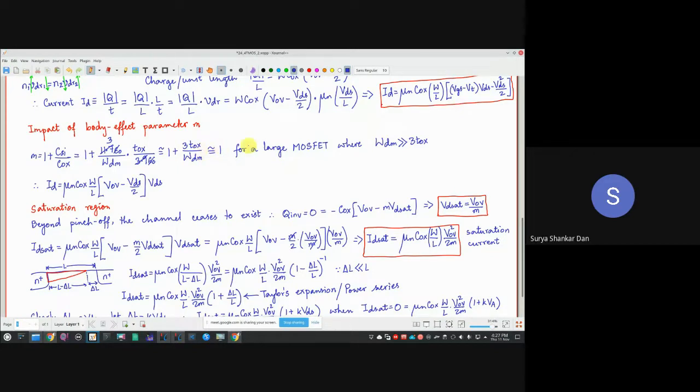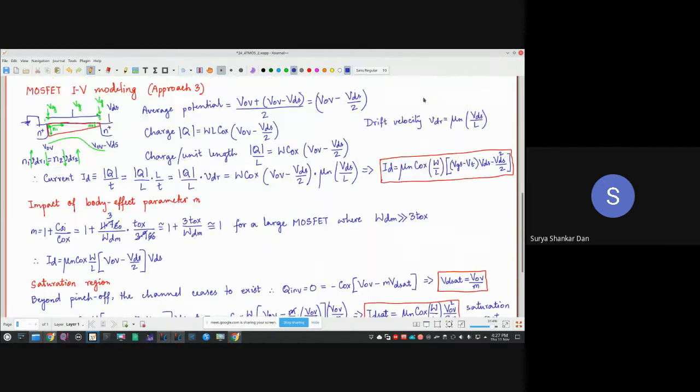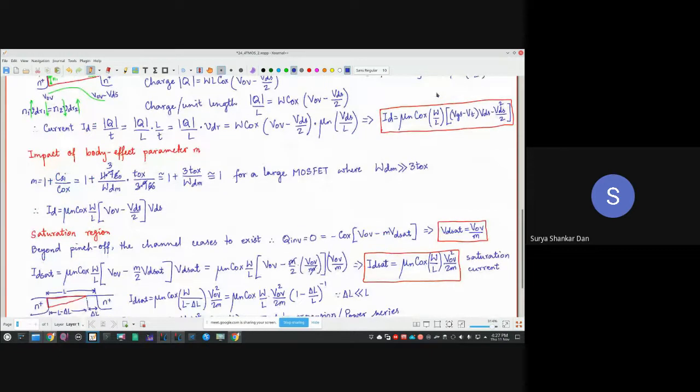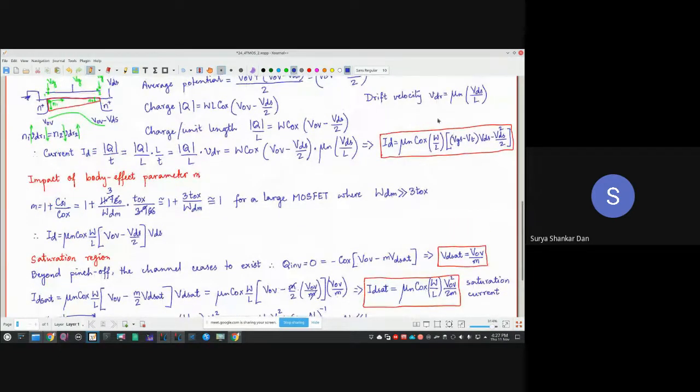Now, for a large MOSFET where WDM, the width of the depletion region, is larger than 3TOX, then we are going to have approximately equal to 1. And therefore, what is the expression for the drain current in the original one? The small m is 1, right? So you will be left with the standard relation which you have studied in your BTech with that small m equal to 1 factor.